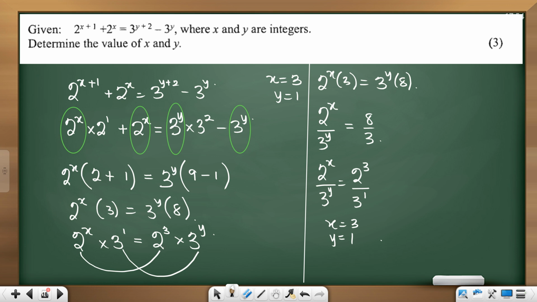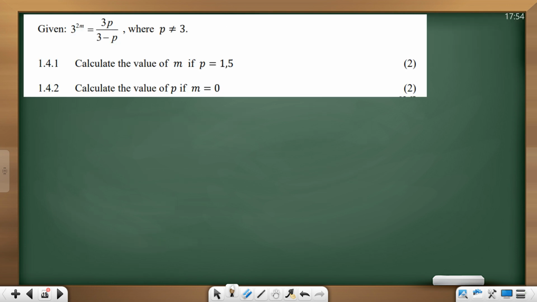So we're going to do quite a few of these type of questions. Let's see this one. Given that 3 to the power 2m is 3p over 3 minus p, where p cannot be 3.